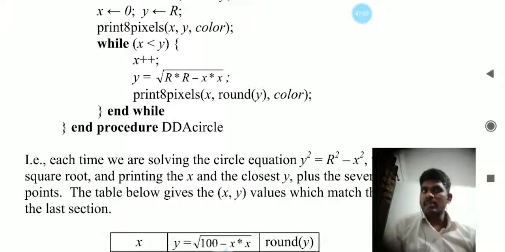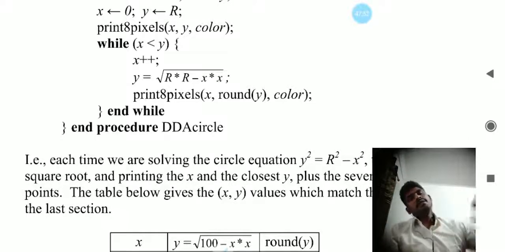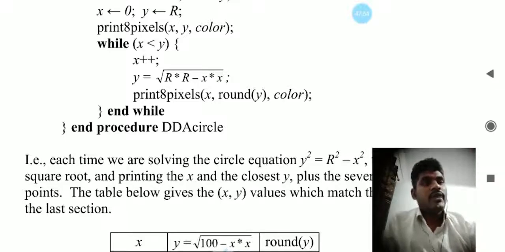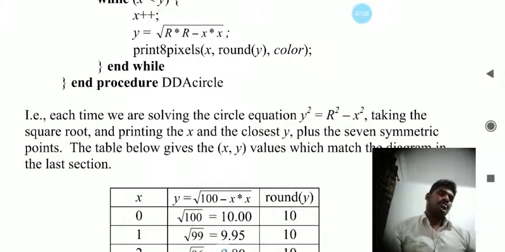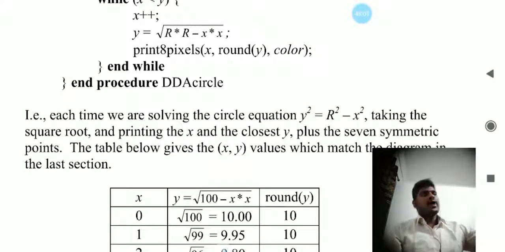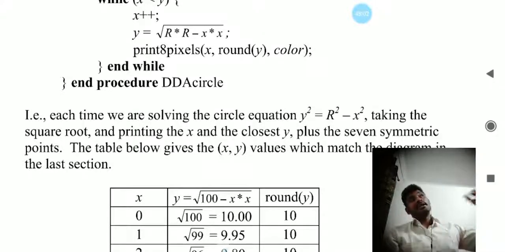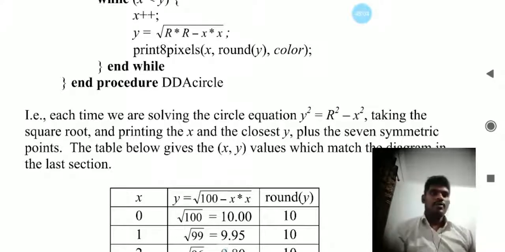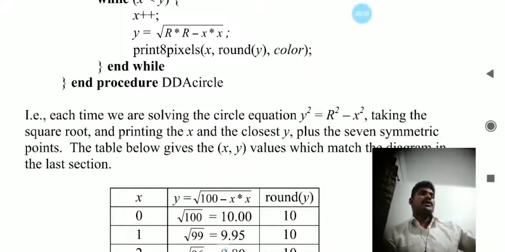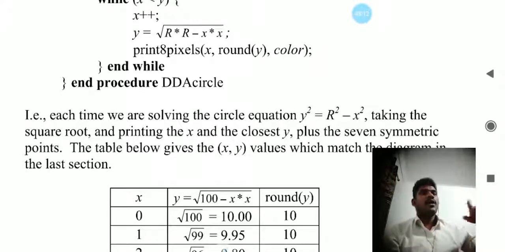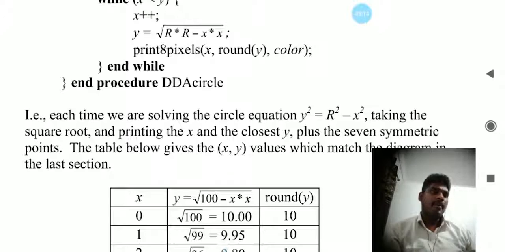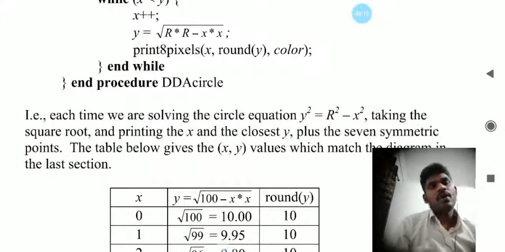So until x is less than y, it will print all the values continuously. Now x plus plus, so x increases, and y equals the square root of r square minus x square.